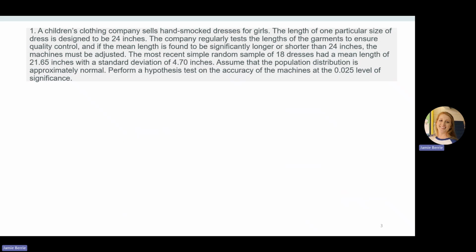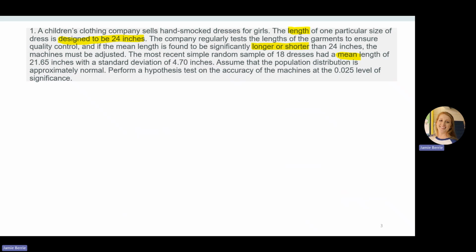Just pointing out the important stuff here. The length is designed to be 24 inches. So that's the value that's believed to be true. And we're looking at the mean here, so I know this is a hypothesis test for a mean. Whenever we are looking at our alternative hypothesis, they said that if it's longer or shorter, then we need to adjust the machine.